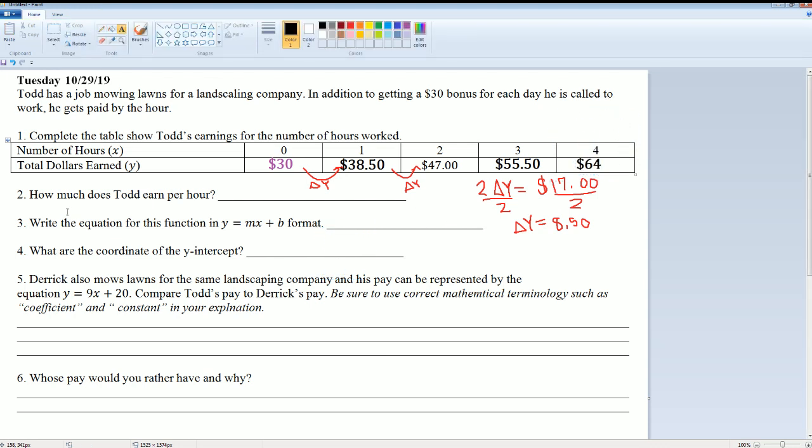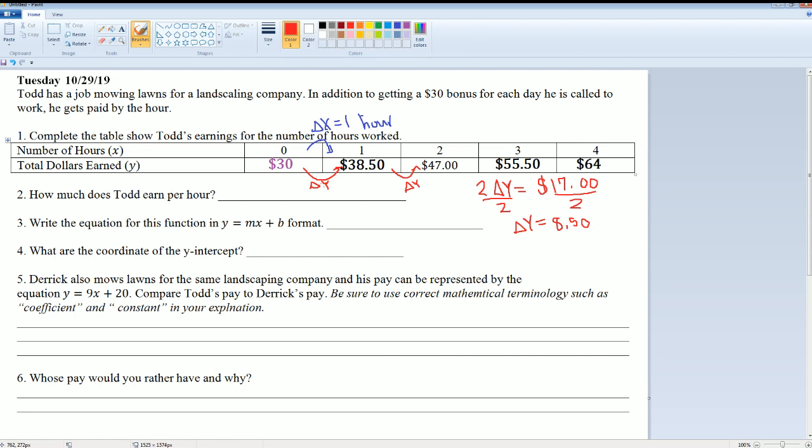So how much does Todd earn per hour? Delta y, from here to here, was $8.50. So that is how much you earn per 1 hour. Your delta x was 1 hour, and your delta y was $8.50.